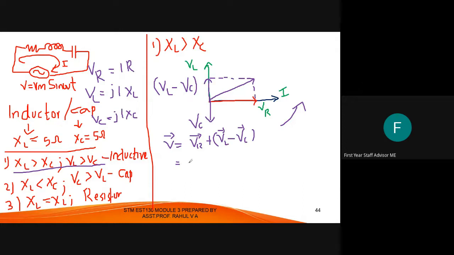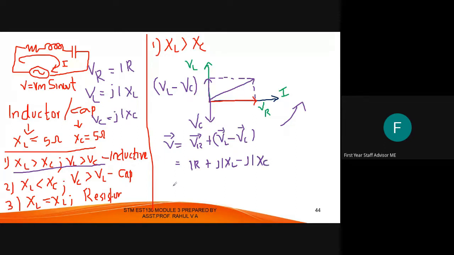Okay, so I should write IR plus jIXL minus jIXC.